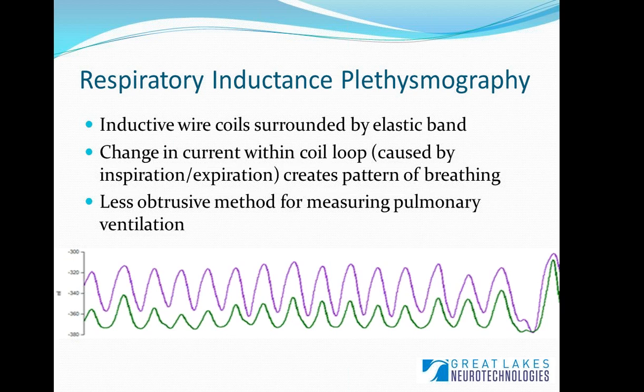Another nice thing about RIP is that some of you may be familiar with a type of respiratory band called a piezoelectric respiratory effort belt. It's similar in the way that it looks, where it's worn around the chest, but instead of having a coil that goes entirely through the elastic band, it uses a flex sensor that's located directly on the front.